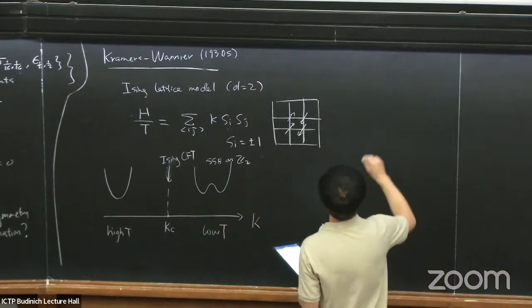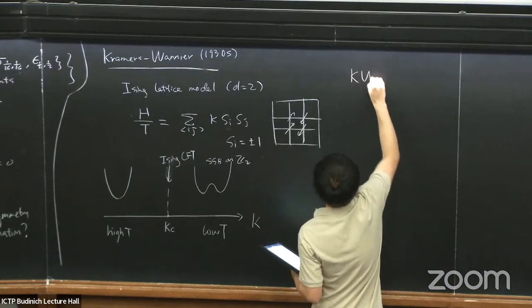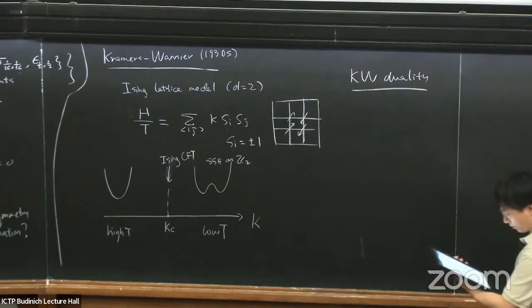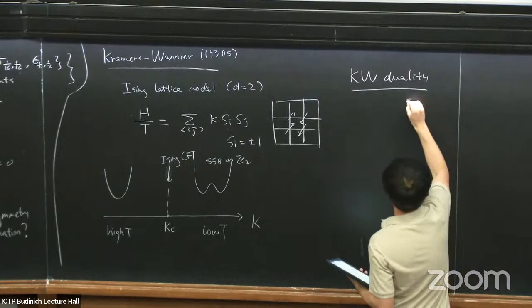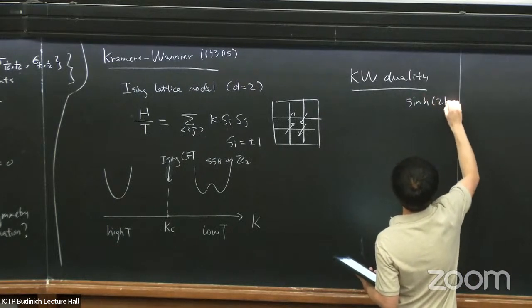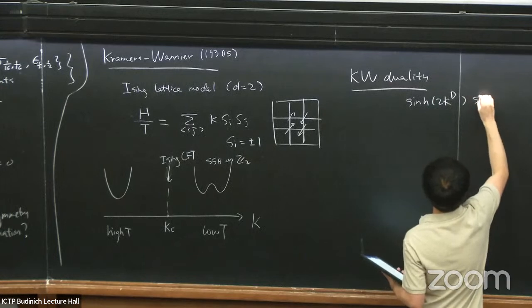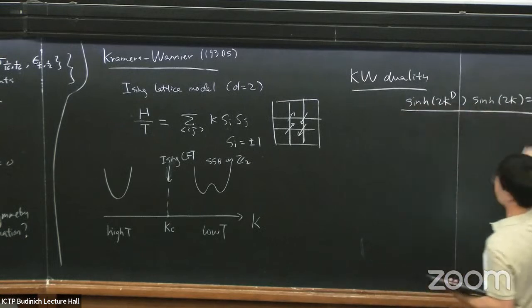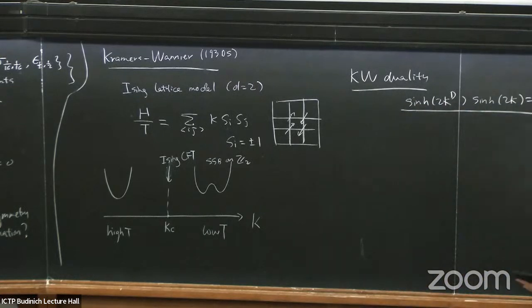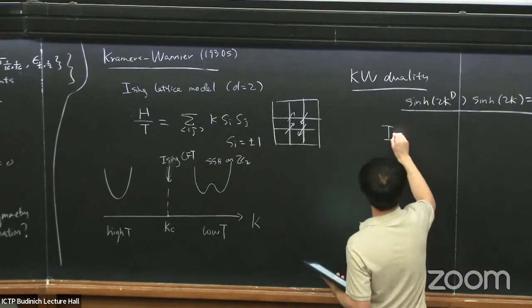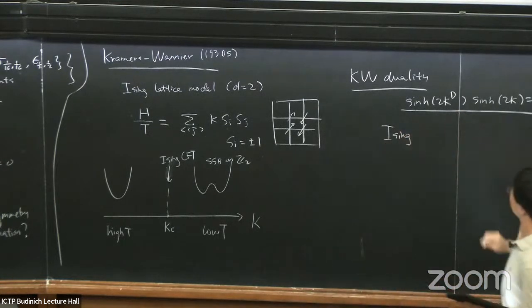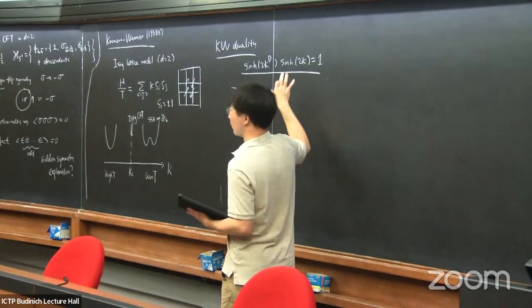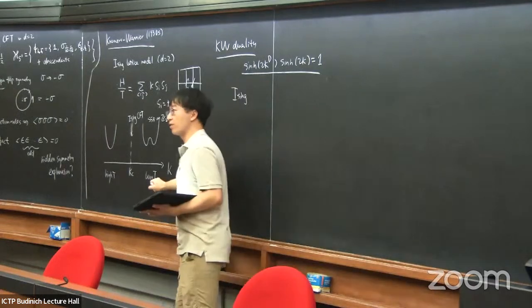They find the following equivalence relation, under the identification between K and a dual coupling, which I call K dual, this mysterious relation. Ising, and you already see that if one is small, the other is large, and correspondingly, the duality relates the low temperature and high temperature limit of this phase diagram.